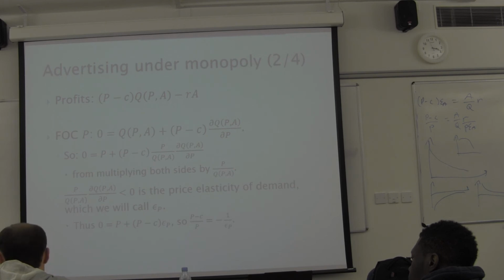Okay, so what's dQ/dP? dQ/dP is just going to be F of A times G dash P. And we want dQ/dP times P over Q. So that's going to be price divided by F of A G of P, times F of A G dash P. The F of A cancels, so this is price times G dash P over G of P.